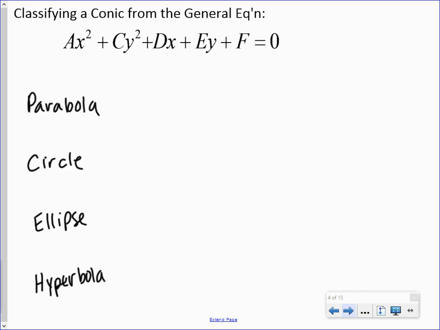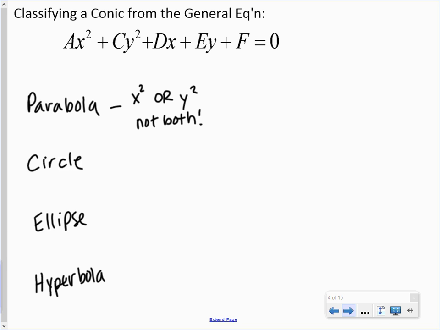So, we'll get there. Okay, for a parabola, basically in our own words, we said we knew that very first equation was a parabola because it had x squared but not y squared. So I'd say x squared or y squared, not both. In my own words, I can quickly look at an equation and decide if it's a parabola based on that.